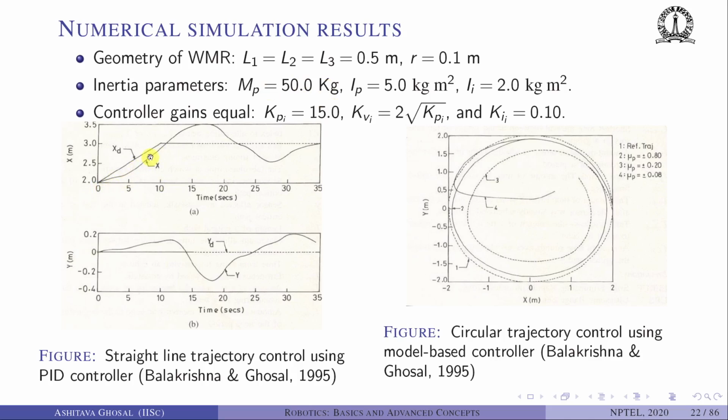You can see that the motion of the platform X looks like this, the dark line, whereas this dotted line is the desired X. Likewise, the desired Y was a constant value. I want to stay at the same place, so I want to go in some X direction. The Y also changes. It does not maintain YD equal to 0.